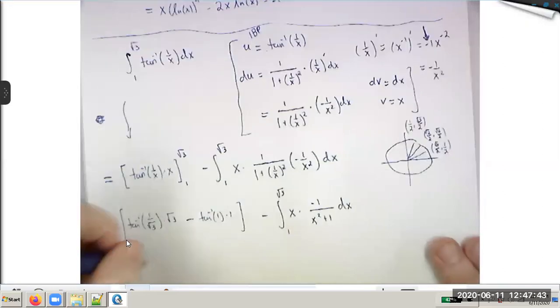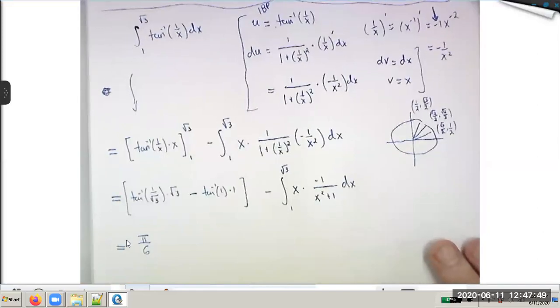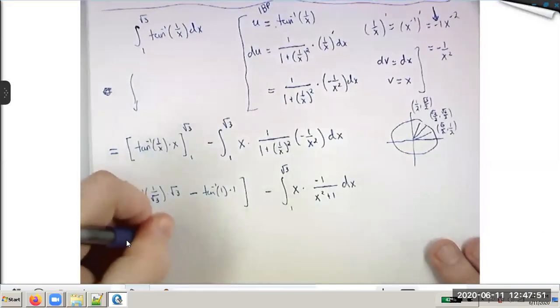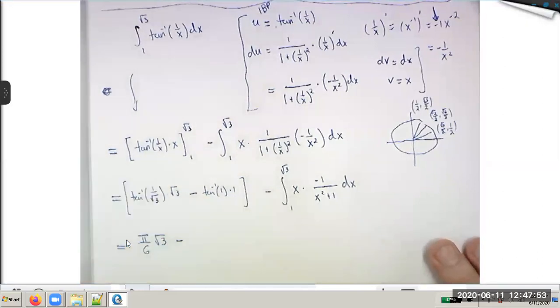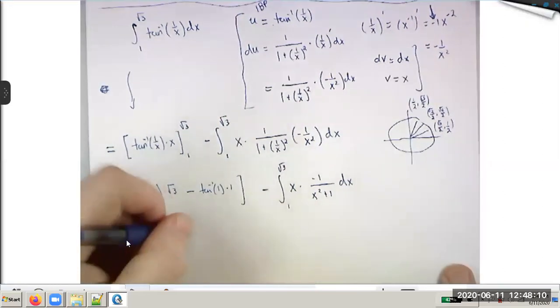It's the 30 degrees, which is pi over 6. The inverse tangent of 1, the 45-degree angle, or pi over 4?